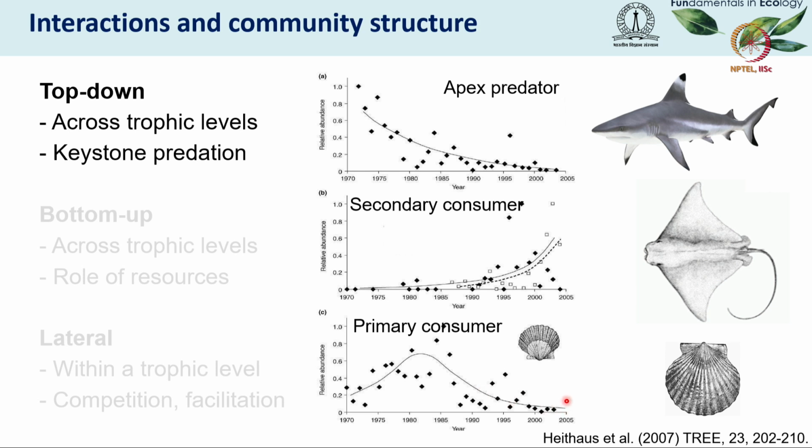So what you are seeing here is something called a trophic cascade. You remove the apex predator, that top predator, and then the effects cascade through subsequent trophic levels, and that is called a trophic cascade. It is in the presence of keystone predation, when those keystone predators are removed, that you see trophic cascades.